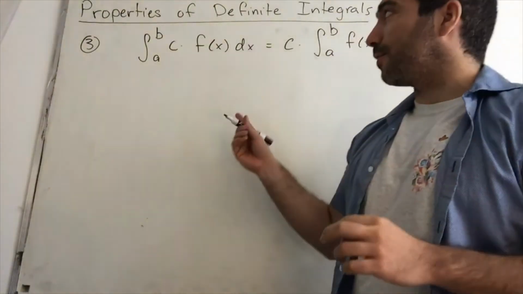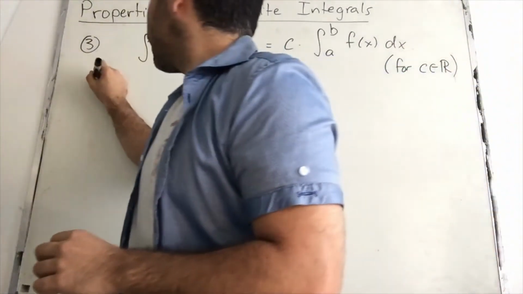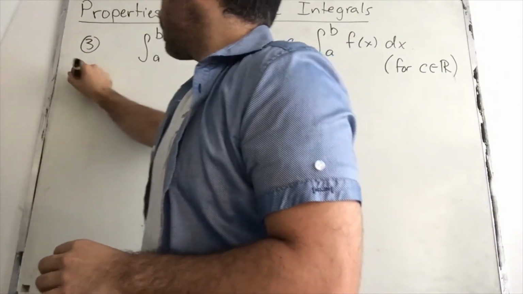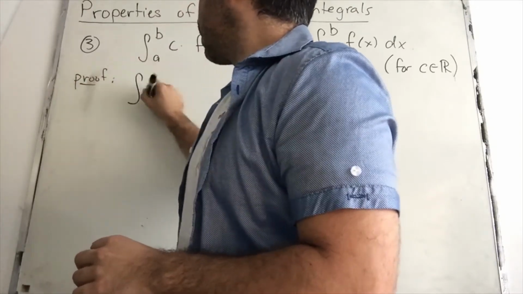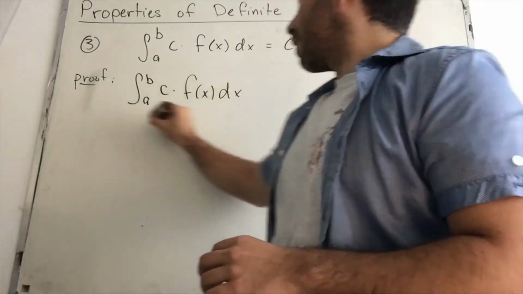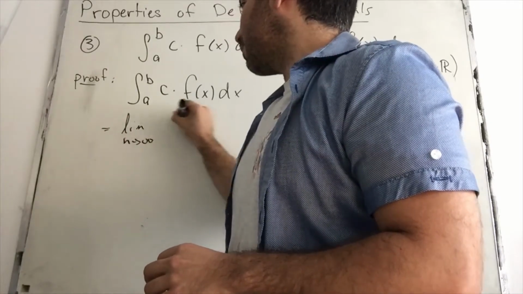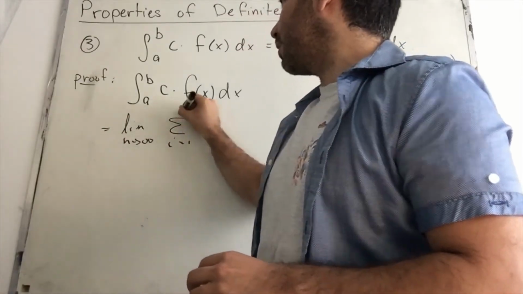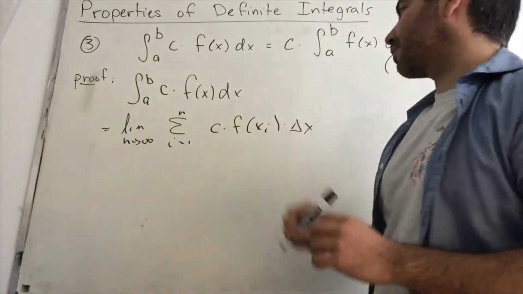We begin with this statement and we apply the definition. Let's write the proof. The integral from a to b of c times f of x dx, by definition, is equal to the limit as n goes to infinity of the sum from i equals 1 to n of c times f of xi times delta x.